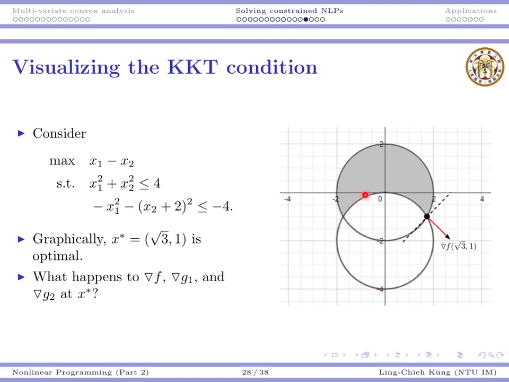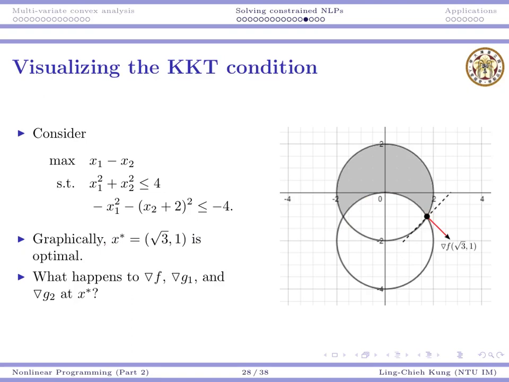So the feasible region is here. Graphically we can see that the optimal solution is at square root of 3 and 1. This is the optimal solution and it is unique.